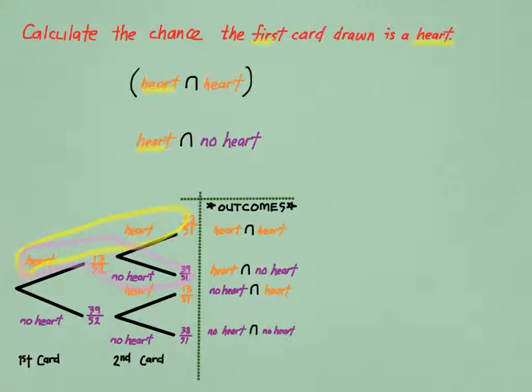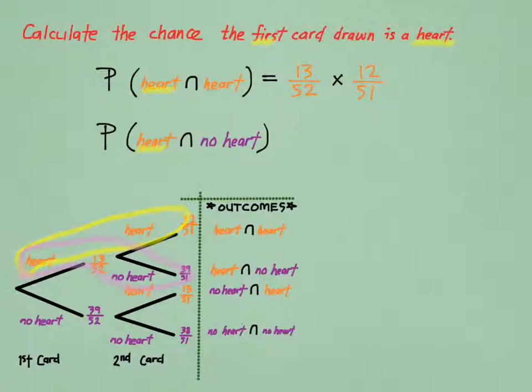So in terms of the calculation part, the probability of heart and heart, so drawing two hearts, and then the probability of heart and no heart. In both these scenarios, it's important to note that the two cards are drawn, and the first card is a heart. So with that probability, we've got 13 divided by 52 times 12 over 51.